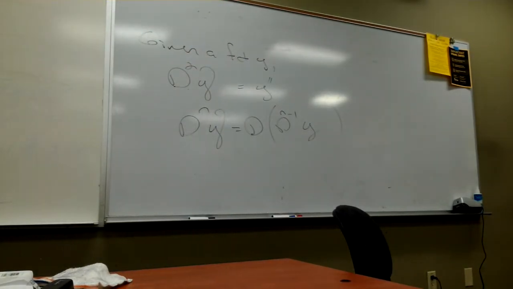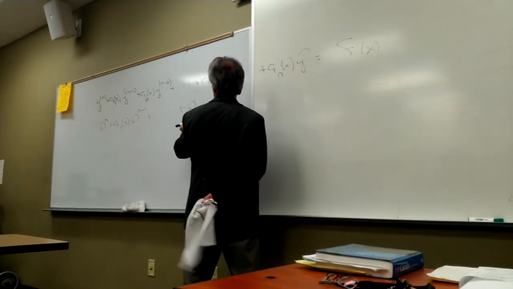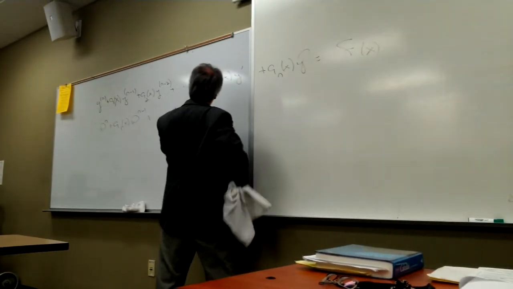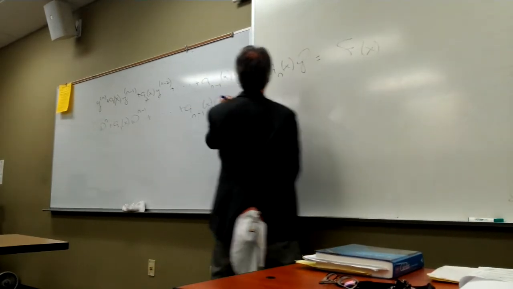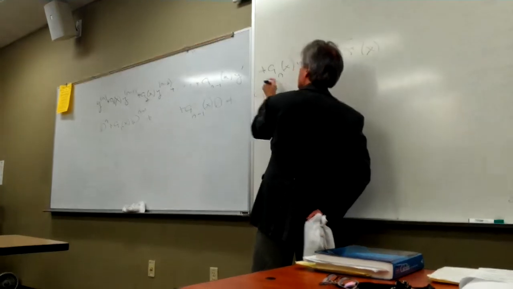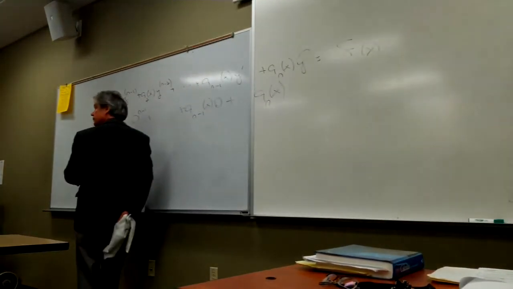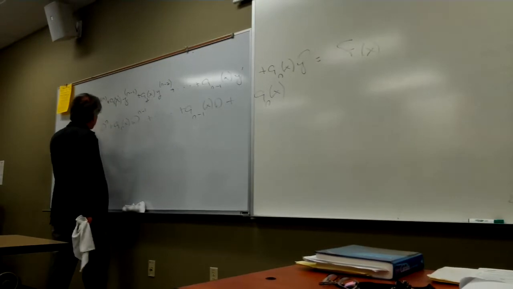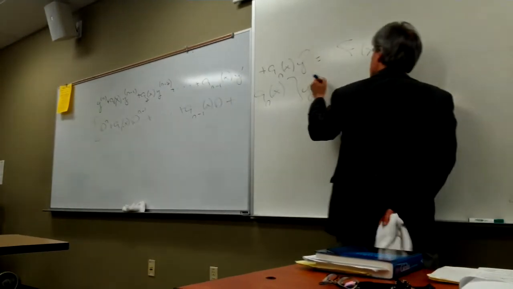I'm differentially operating n times, plus a sub 1 of x times differentially operating on y n minus 1 times, all the way down to differentially operating on y once with a coefficient, and then maybe even not at all. And so I think another way to write the entire left-hand side is I've got this rather complex differential operator acting on y.